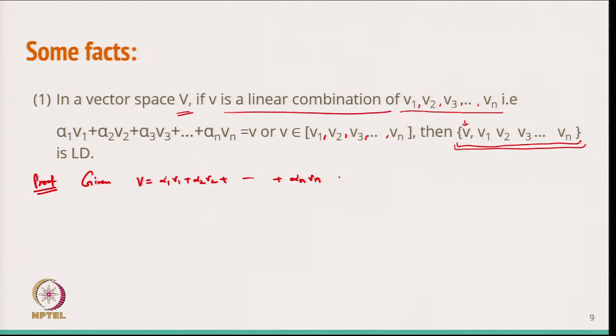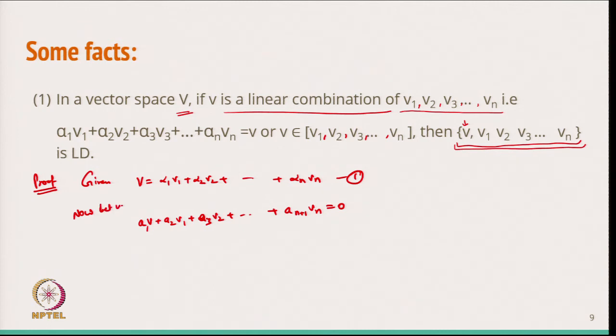I just take the linear combination A1 V plus A2 V1 plus A3 V2 up to A n plus 1 Vn equal to 0.